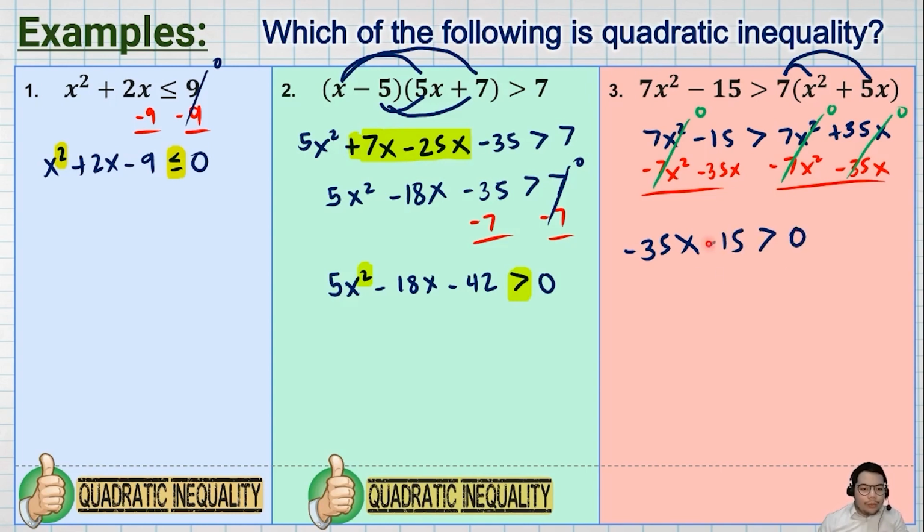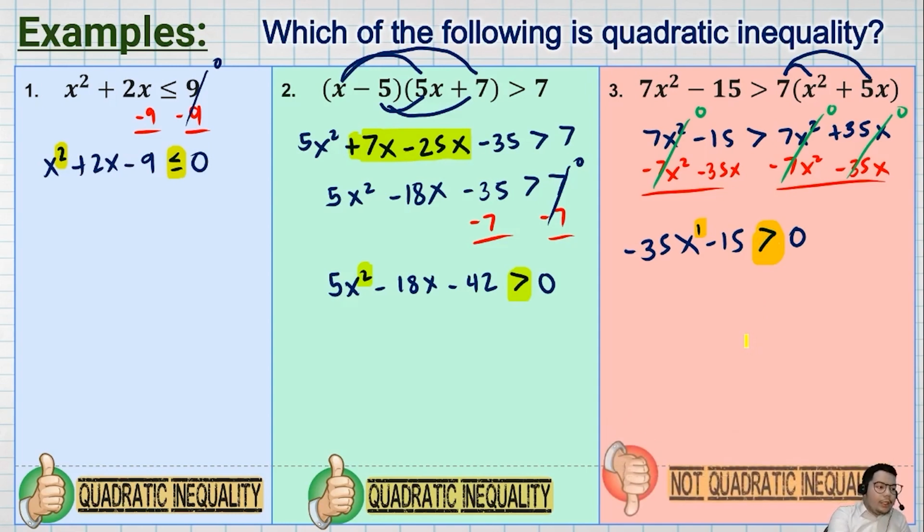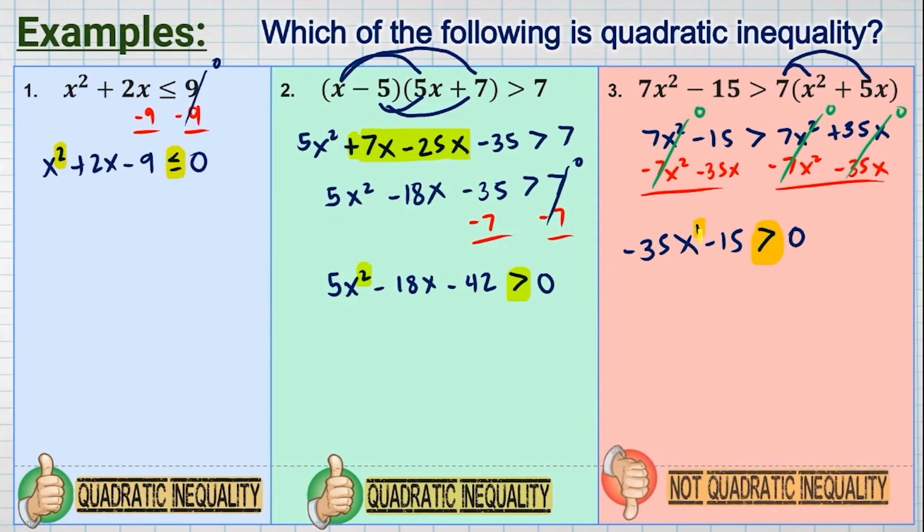As you can see, wala namang exponent na nakasulat dito kay x or variable x. That means the exponent will be equal to 1. Although this inequality symbol exists, this is not a quadratic inequality because ang highest degree lang natin ay 1.